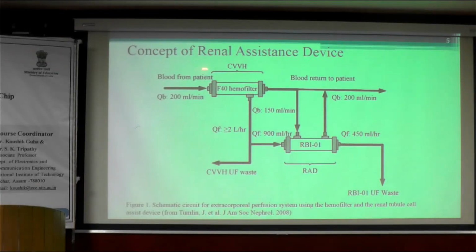In order to operate the hemofilter and the hemodialyzer, you require a heparin infusion, which is a problem in itself. So the conventional mass exchange units have a number of problems that have to be solved before we acquire an additional level of technology that will allow us to create a miniaturized version of this renal assist device system.